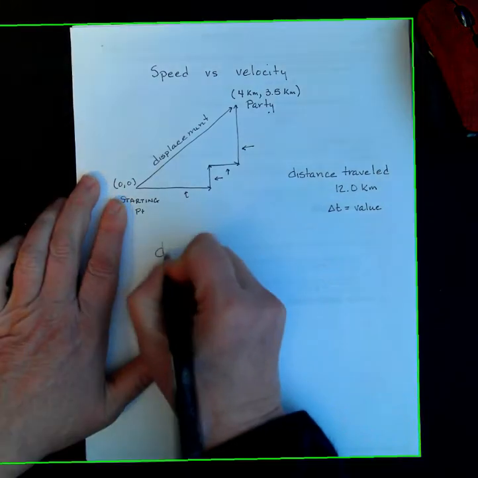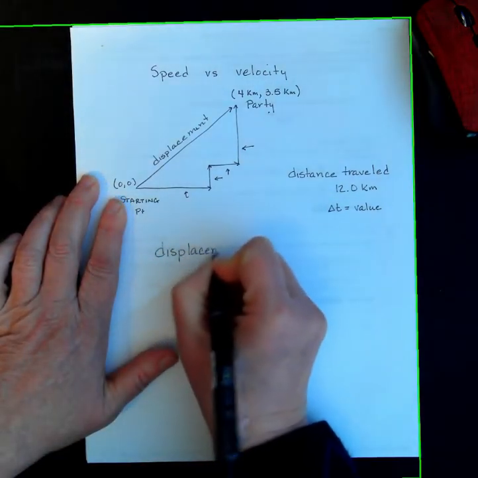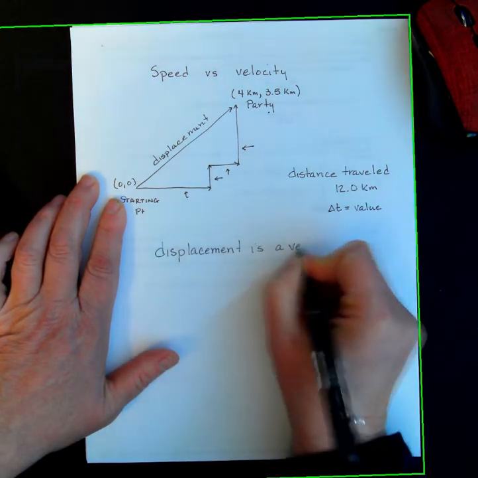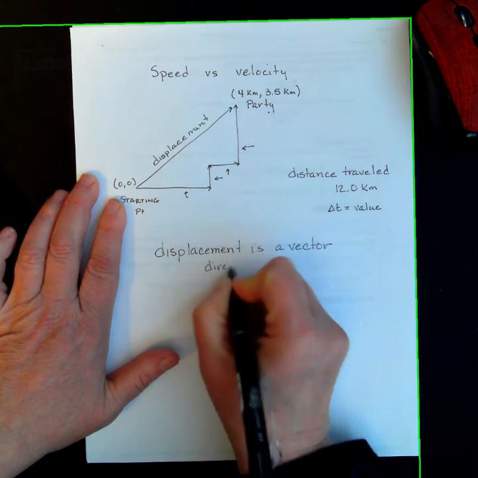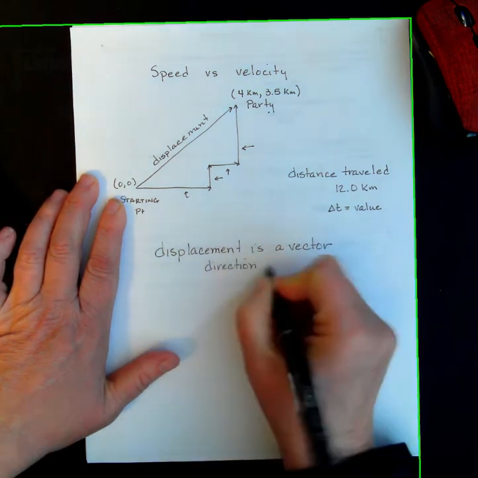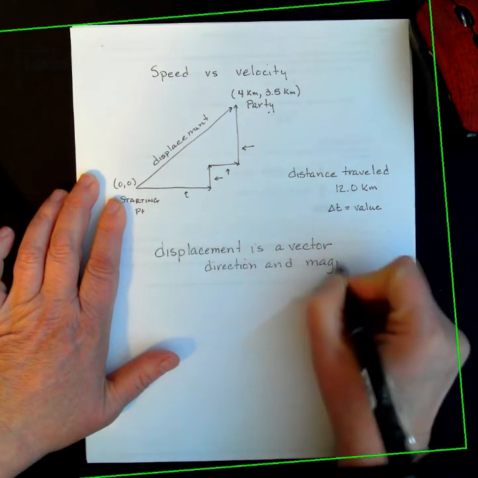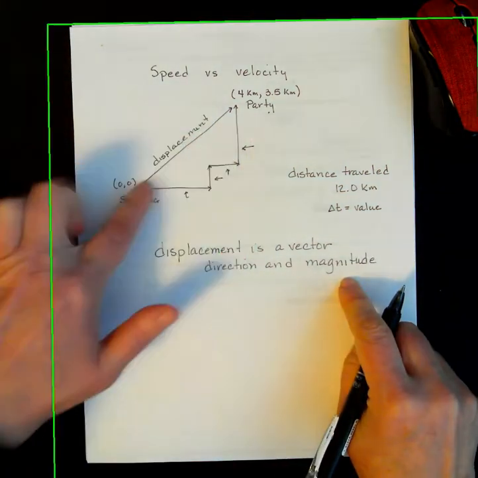And our displacement is a vector. And our vectors have direction and magnitude. And that magnitude is how long that vector is.